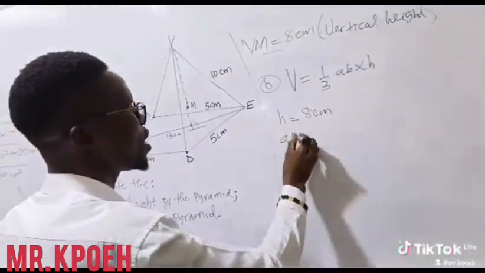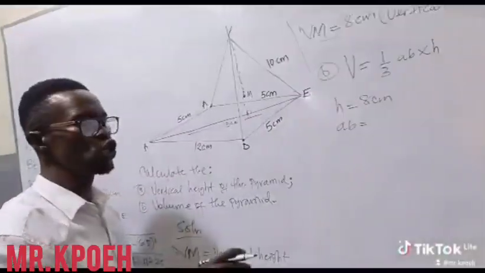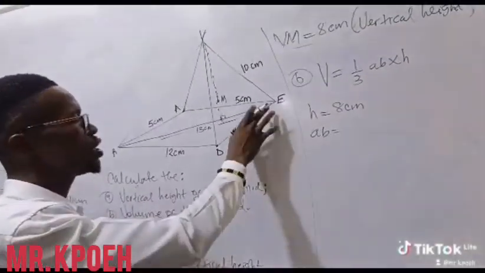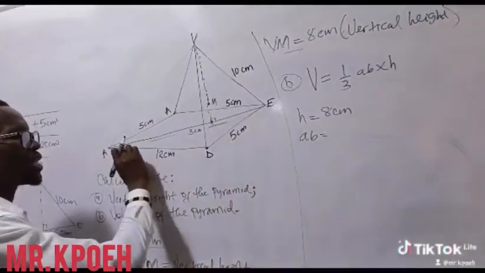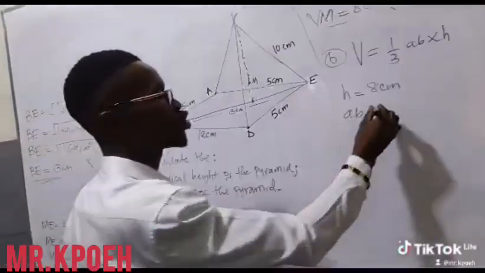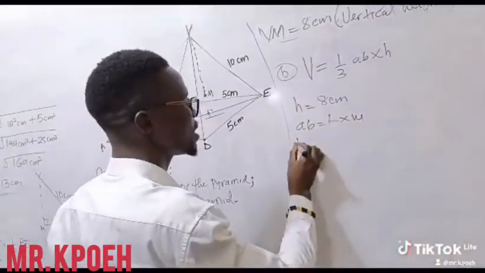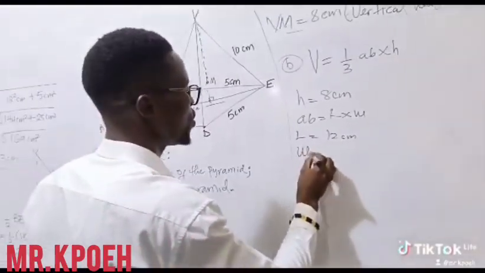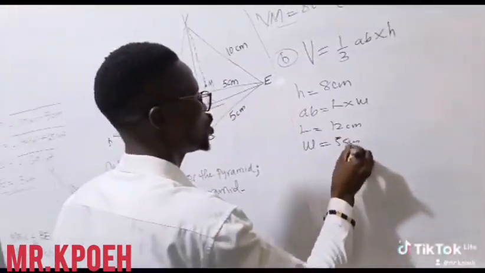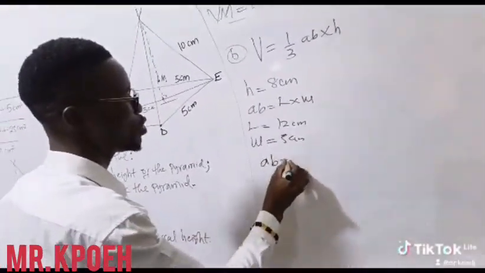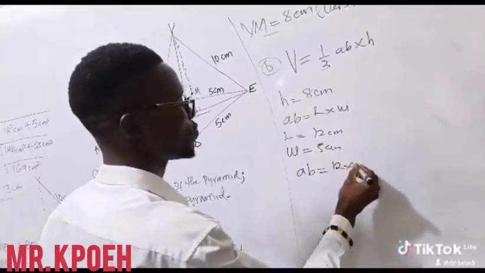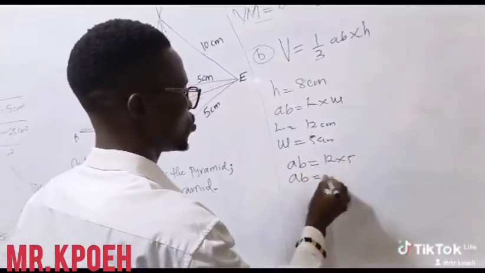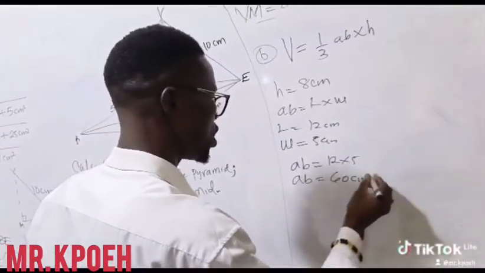So what is our AB? Our AB will be calculated using the area of the rectangle. This is a rectangle, and we all know the area of the rectangle is equal to the length times the width. What is the length here? The length here is 12 cm. And the width here is actually 5 cm. So our AB will come out to be 12 times 5. AB will be equal to 60 cm squared.